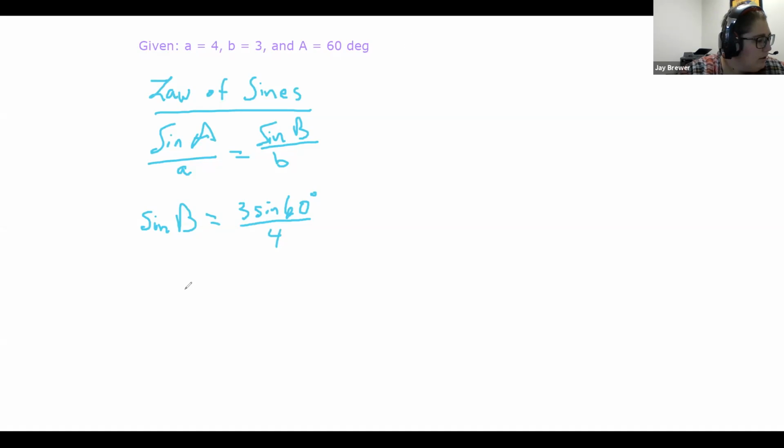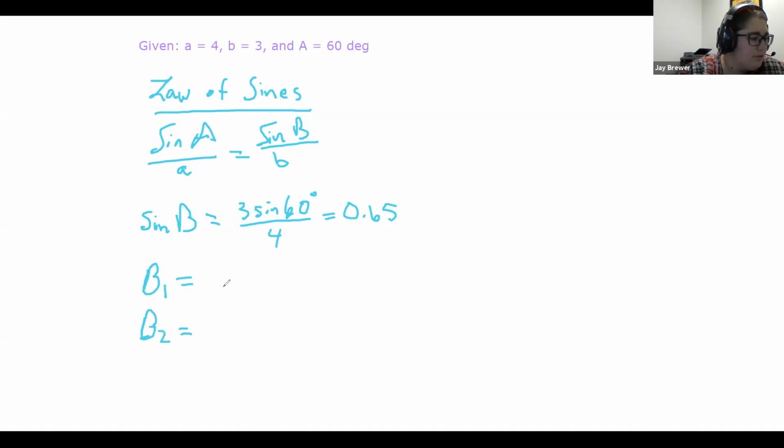But here's the interesting part. When you figure this out, you find that you have a B1 option and a B2 option.